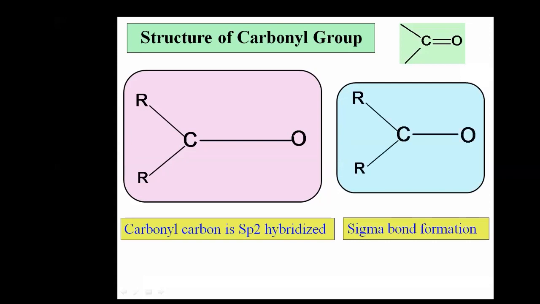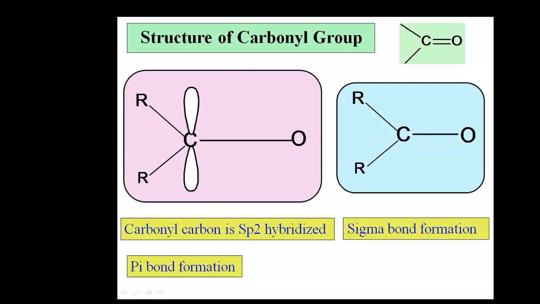Okay, now in carbonyl group carbon there is sp2 hybridization. Means there is one more orbital which does not participate in the hybridization, and this is called the unhybridized 2pz orbital. That carbon has an unhybridized 2pz orbital. Suppose this is the unhybridized 2pz orbital of carbon. Similarly, oxygen also has an unhybridized p orbital.